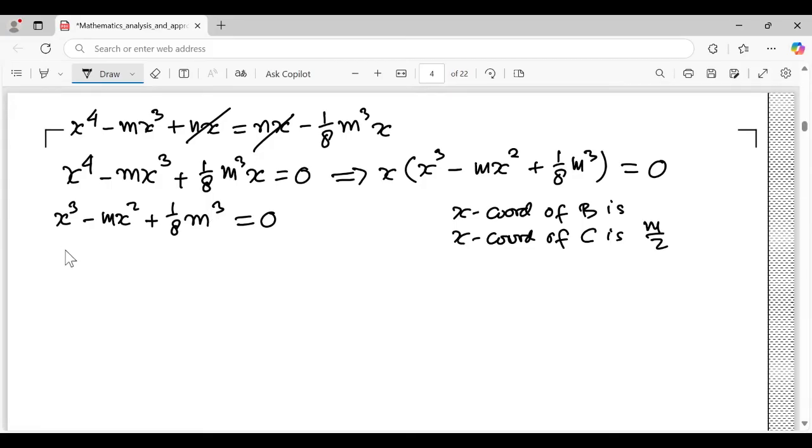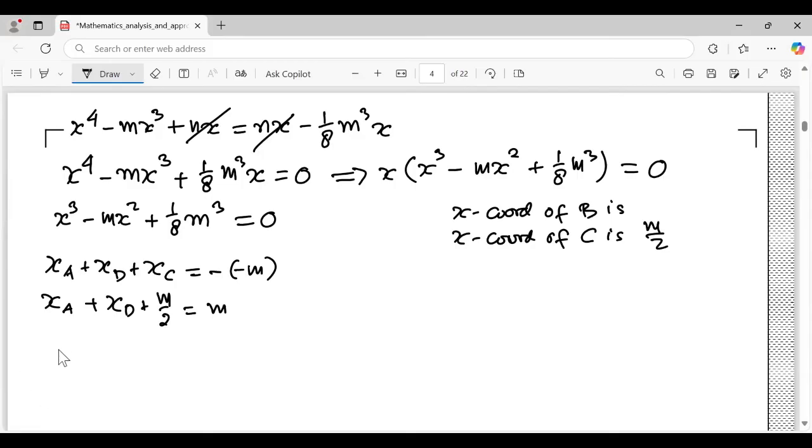The rule says: x1, or xa plus xd plus xc, equals minus the coefficient of x squared, minus of minus m, so xa plus xd plus m half, because the x coordinate of c is m half, equals m.